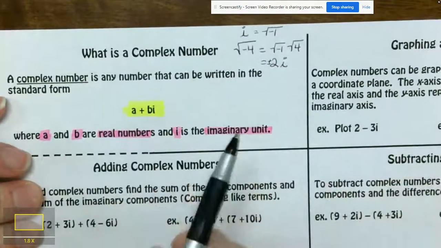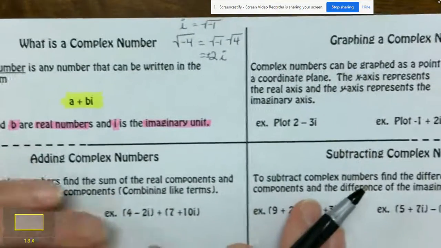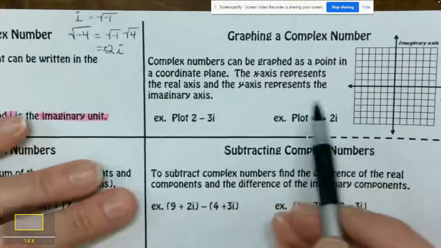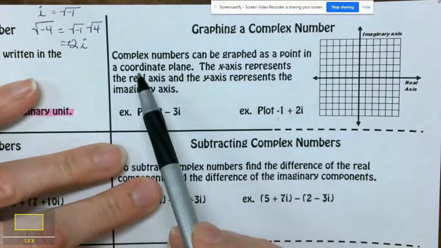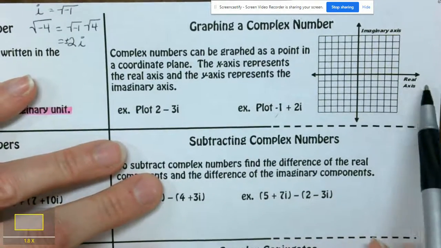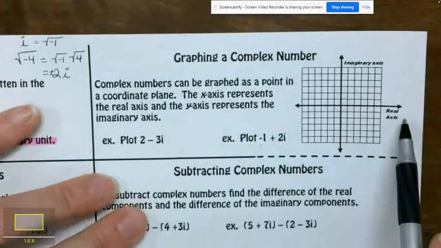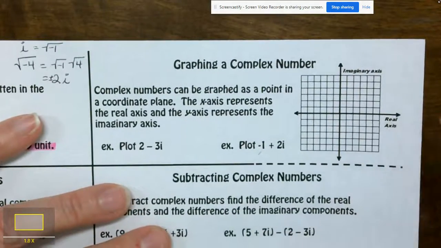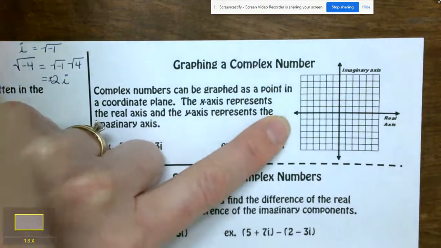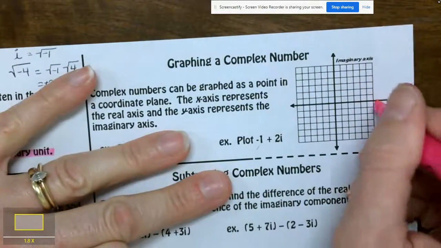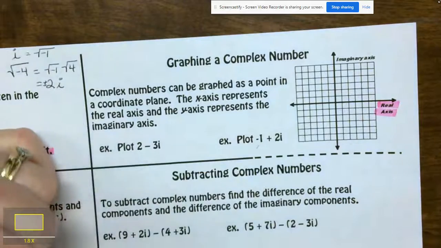So let's figure out how we would graph the imaginary unit, okay? All right, so when you're graphing a complex number, you can use a coordinate plane, but how you're going to do this is the real axis is now what you guys are used to seeing as your x-axis. So notice that now the x-axis is your real axis part.